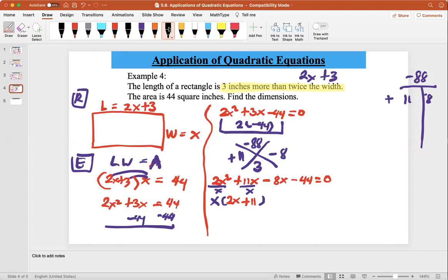For 8 and x, you have 2x. For 44, you have 4 times 11, but 4 is 2 times 2. So how many 2's are common? There are two 2's, so 2 times 2 is 4. But what is the sign? Note that this is negative 8, so it will be negative 4. Now we are ready to divide.